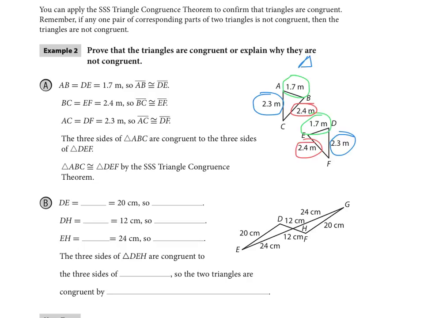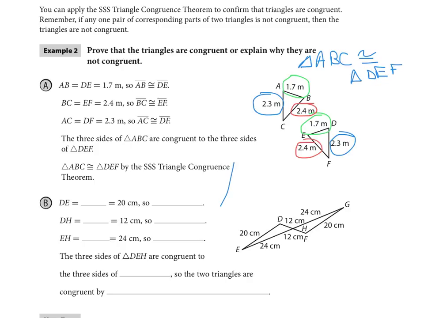So I'm going to say triangle ABC is congruent to triangle, okay, well, DE matches AB, and DF matches AC. Are they all in the right place? I believe they are, and there I have my statement.